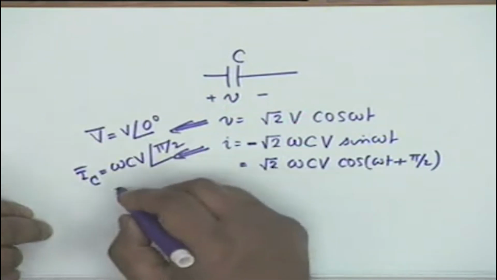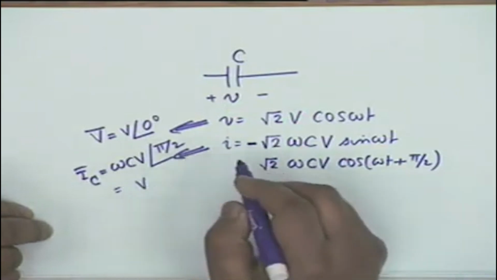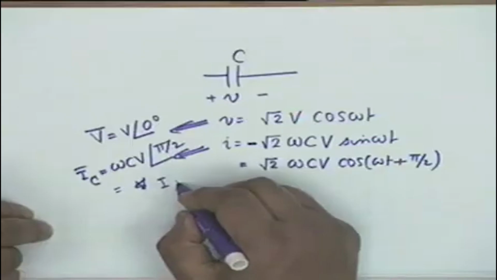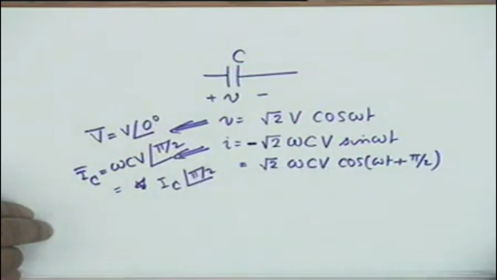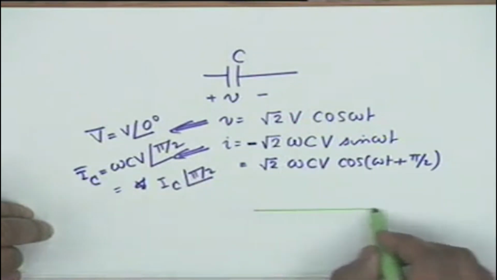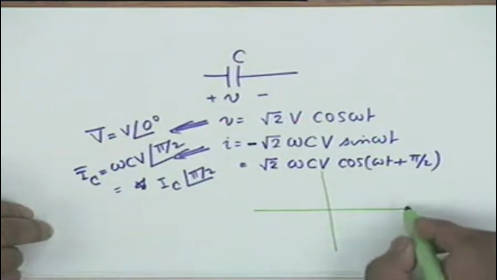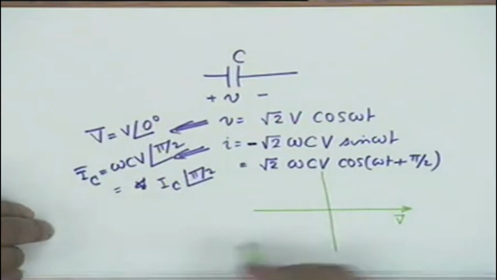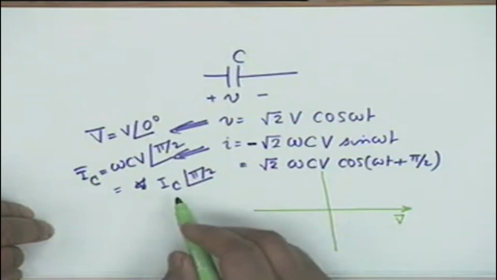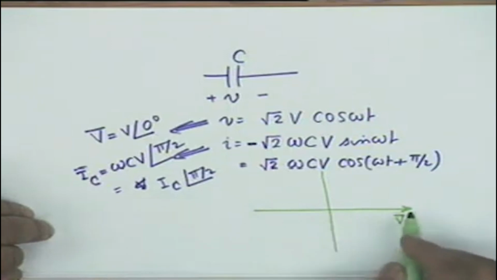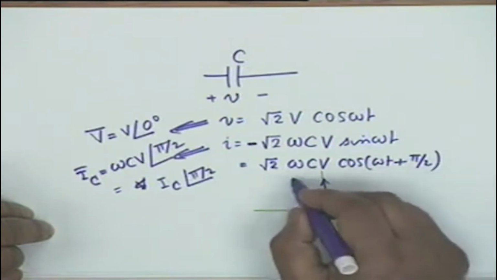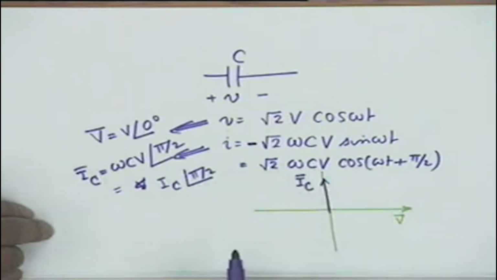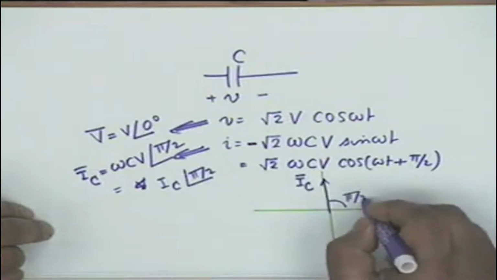So in the phasor diagram, the complex plane diagram, if this is the phasor V, then the current leads the voltage phasor by an angle of 90 degrees, and the current would be like this, I sub C phasor, and this angle is pi by 2.